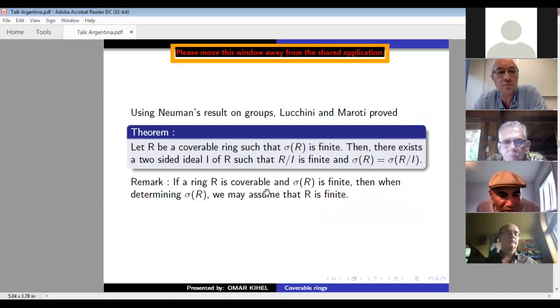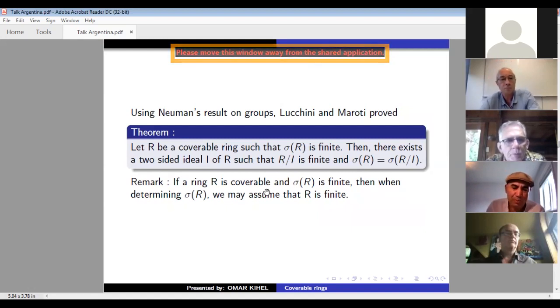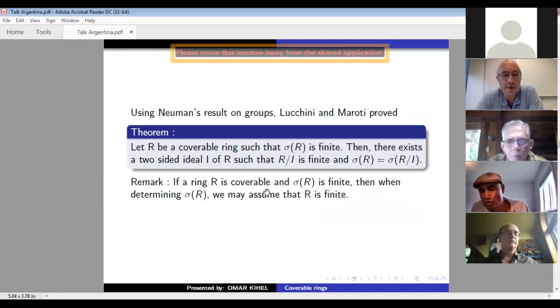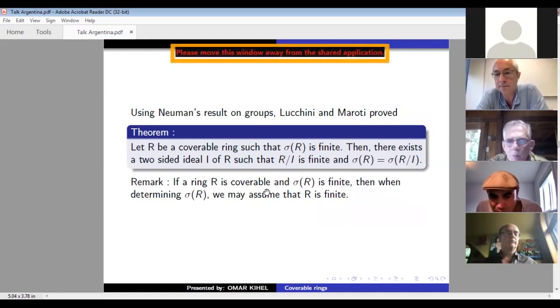If you take R a coverable ring, meaning a ring that you can write as a union of proper subrings, such that sigma(R) is finite, then there exists a two-sided ideal I of R. Here I'm saying two-sided because we don't suppose that our rings are commutative. And when we talk about subrings, we do not suppose that the subrings contain a unity, so the ideals can be part of the covering, in the weakest form.